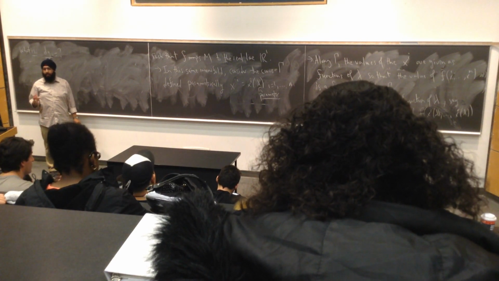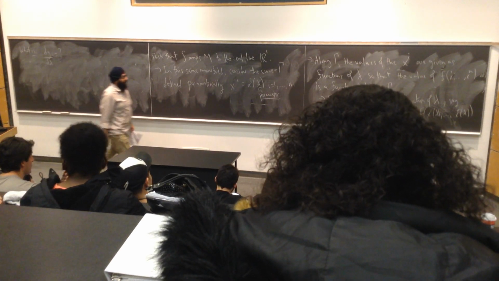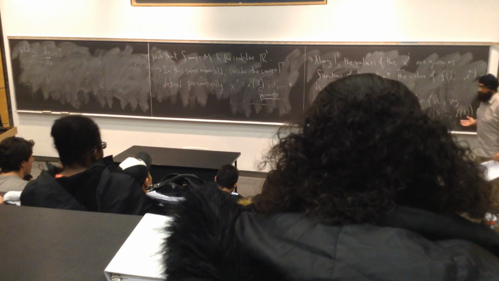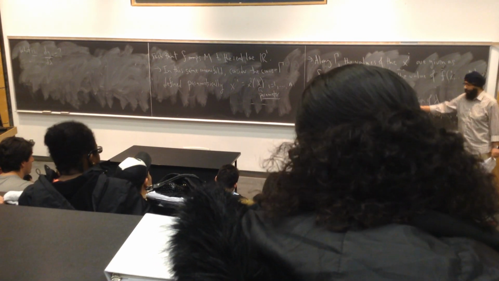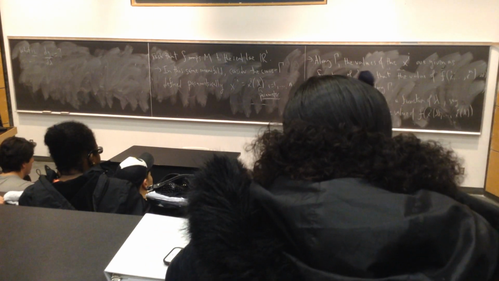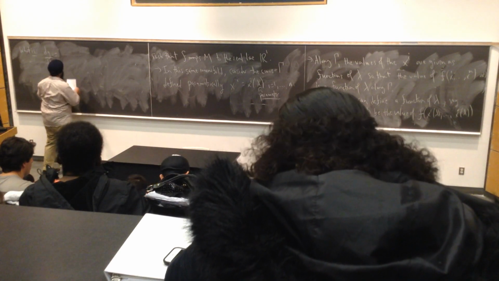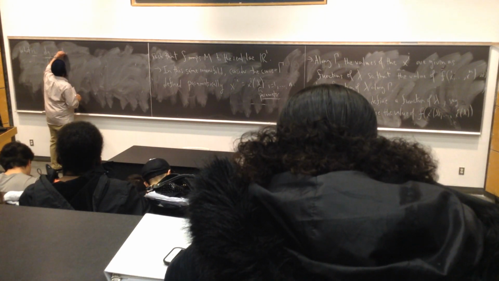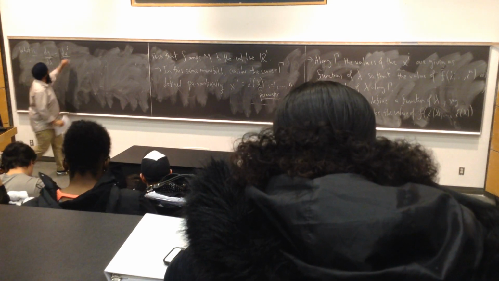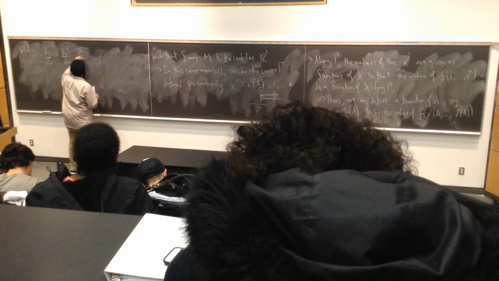It starts with the chain. If g of lambda is equal to f of x of lambda, then dg by d lambda is given by the chain rule of f. Right? Okay. So then dg by d lambda is equal to dx^i by d lambda times partial f by partial x^i.